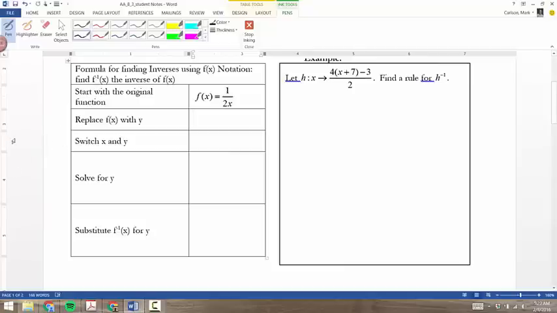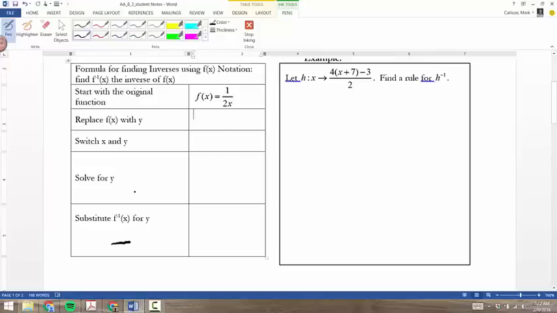This is what we did last section: we switched the x and the y, and we just stopped there. Now, if the inverse is a function, we should be able to write it in function notation. So I'm going to solve this new equation for y, and then take y out and in its place put f inverse of x. That's the process we're going to use today.